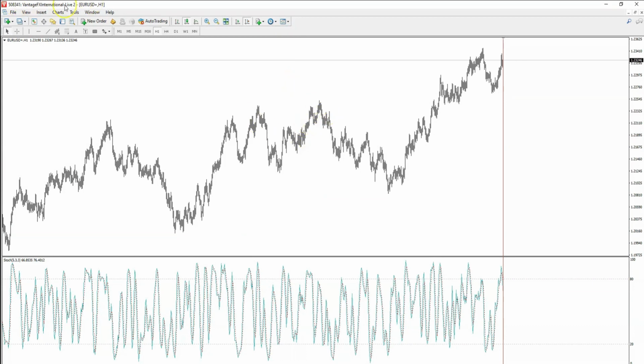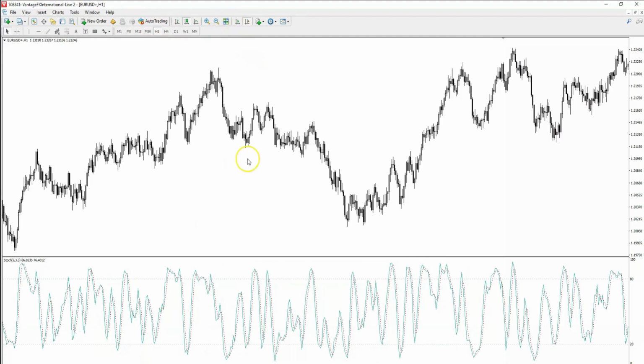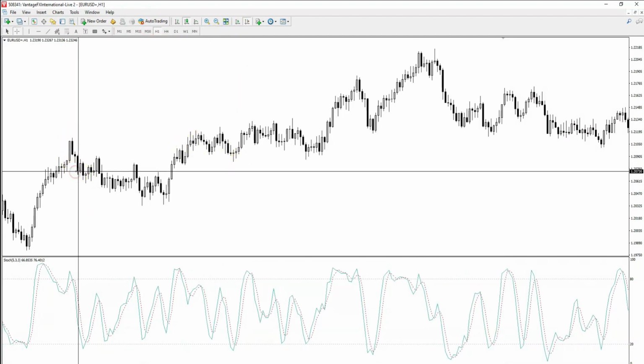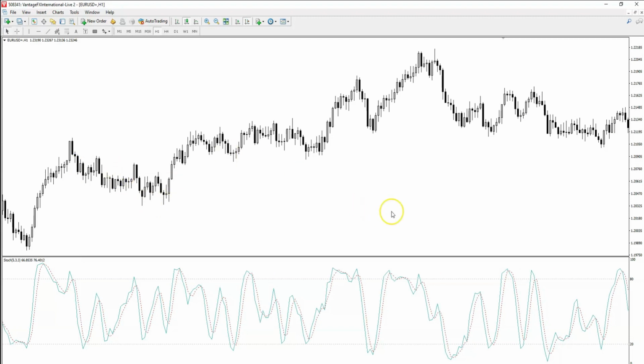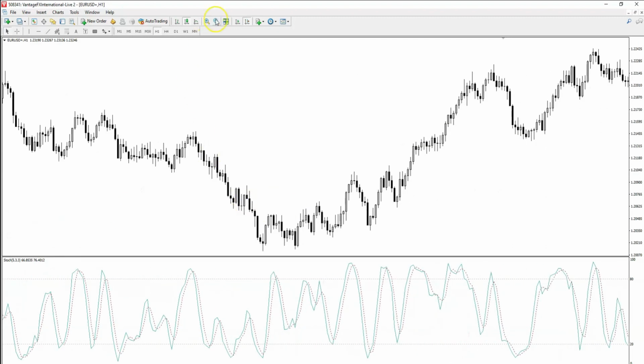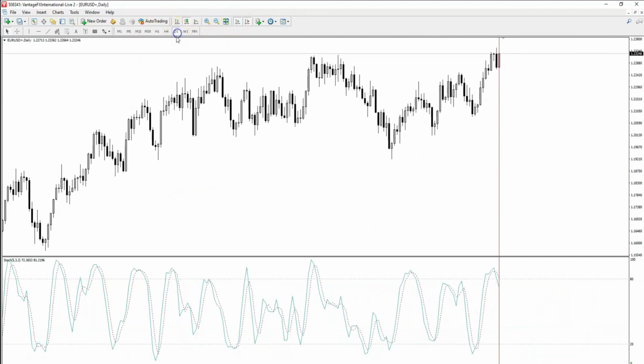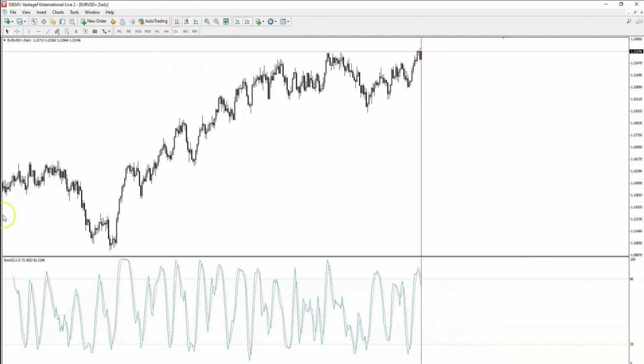We can see it's a chart of Euro Dollar, and it's an H1 chart, which means every one of these bars is equivalent to 1 hour's worth of price movements, and this is a chart of 2019. So if we go to the daily view and zoom out a bit, we can see it's just 1 year's worth of price data.